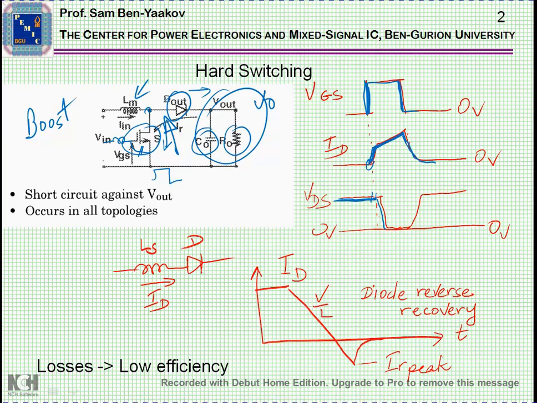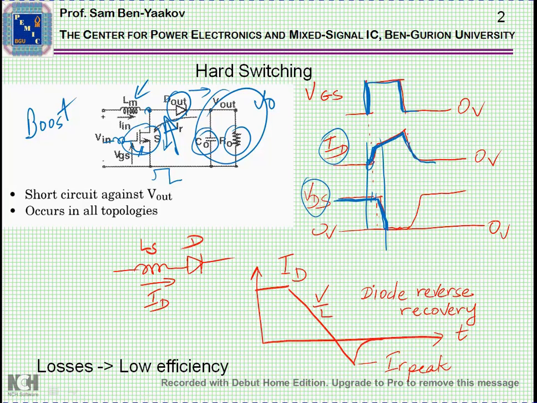Consequently, we have an overlap of the voltage going down and the current going up, and this product of current times voltage implies power, which is lost. These are losses, power dissipated, reducing the efficiency of the circuit.